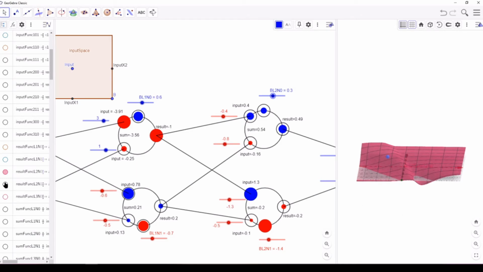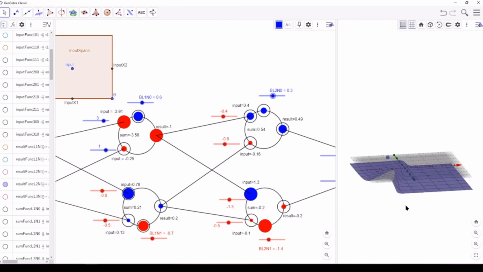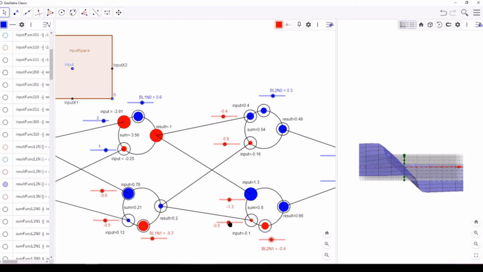Okay, and we can also look at the other neuron of the second layer, and there we see that it has a different shape because we have different values here, which we can adjust as well.